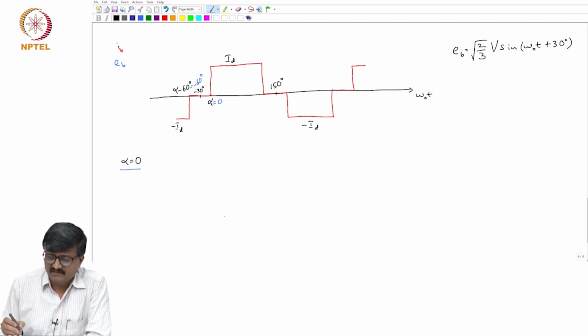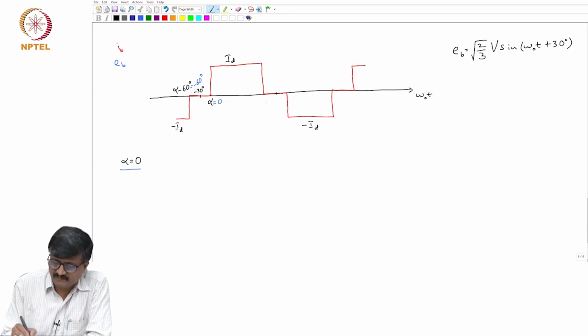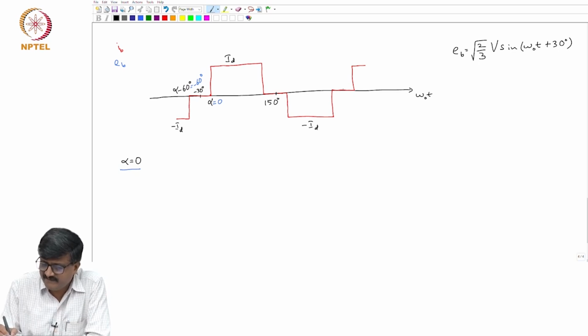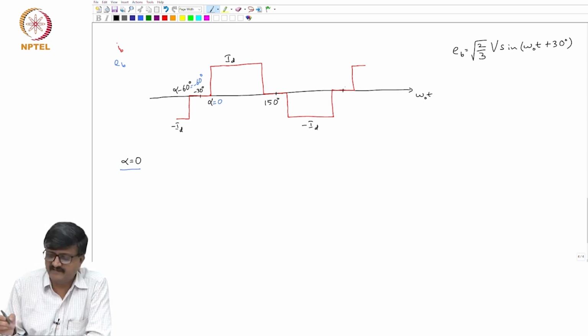Okay. So, that is 150. So, this is 150 degrees. Then again, if I take this 60 degree interval and take the midpoint of that interval, I am again taking another interval where IB is 0, that is of width 60 degrees, the midpoint is, so that point corresponds to 330.